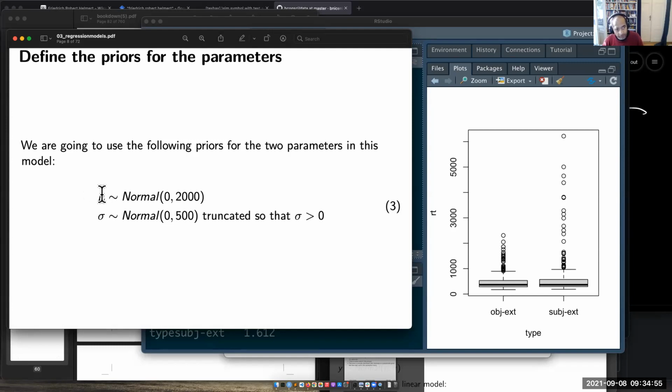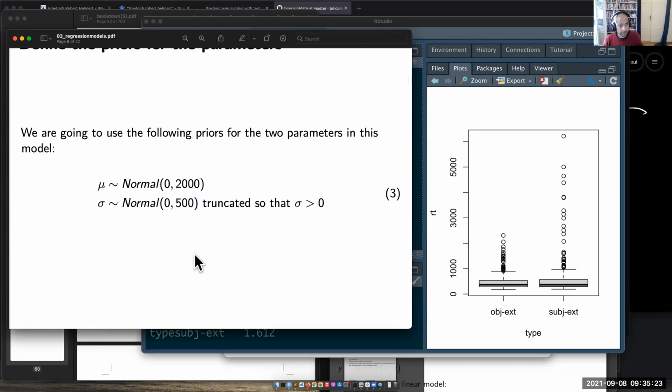Now you probably want to ask me, why didn't you do that for mu? I could have done that for mu, right? But I just wanted to show you that nothing bad will happen if I allow negative values here. Probably nothing bad will happen if I allow negative values for sigma also. But in the models that we will fit, we will strictly limit the distribution for sigma to be positive. Okay, we will always strictly limit it.